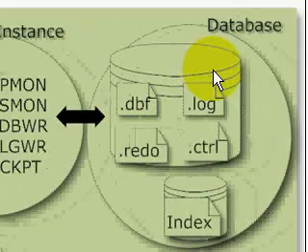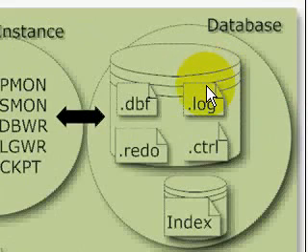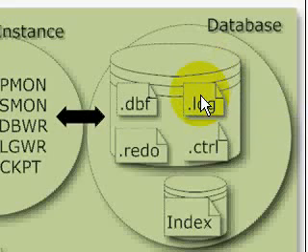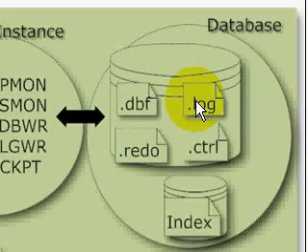The database contains your database DBF, that's your database, log files that track the activity to the file during the day, redo files, which allow you to undo mistakes that have happened, and your control file, which is kind of like an index file in other applications. Then there's an index associated with that.